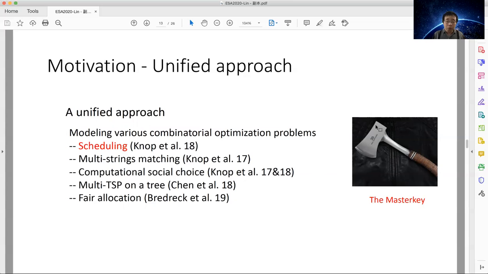Any improvement on such integer programs gives us simultaneous improvements on the algorithms for a variety of these problems.